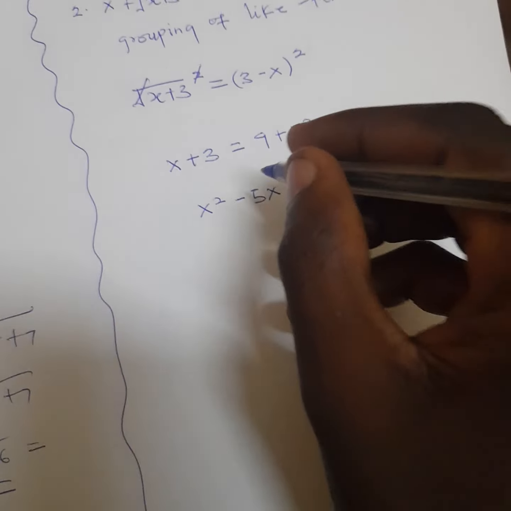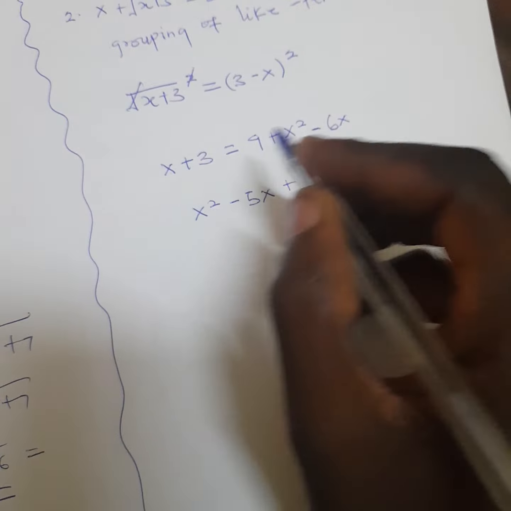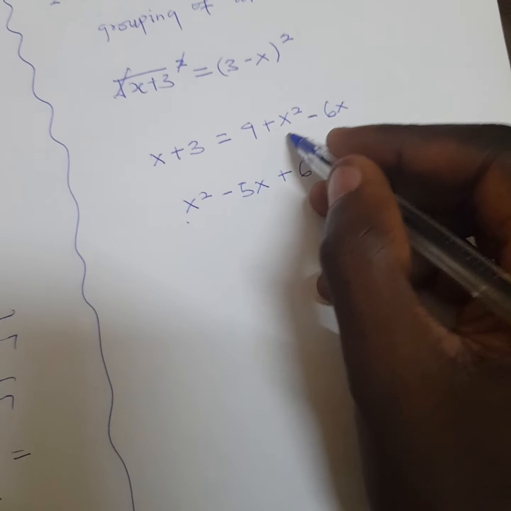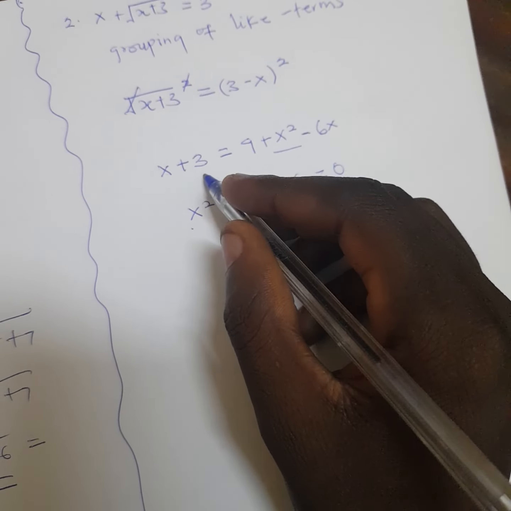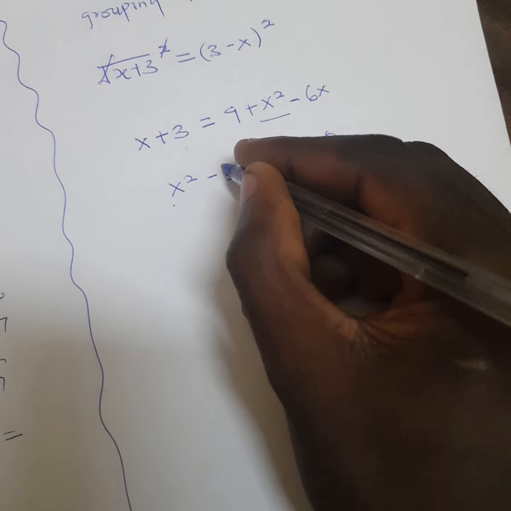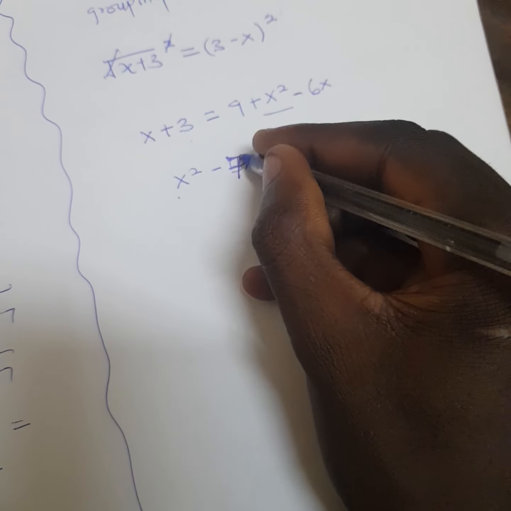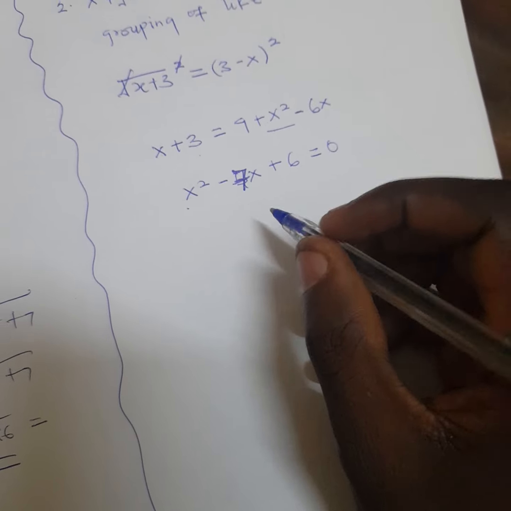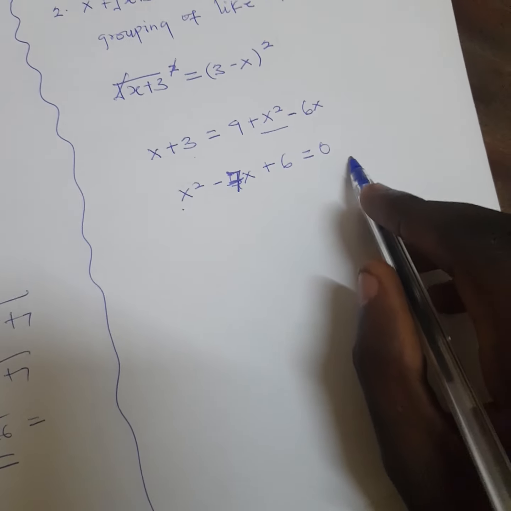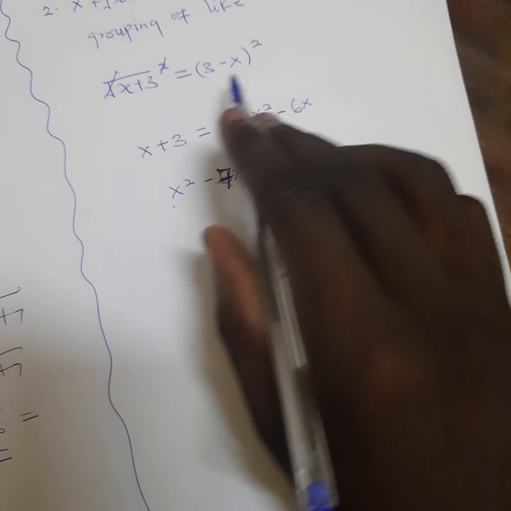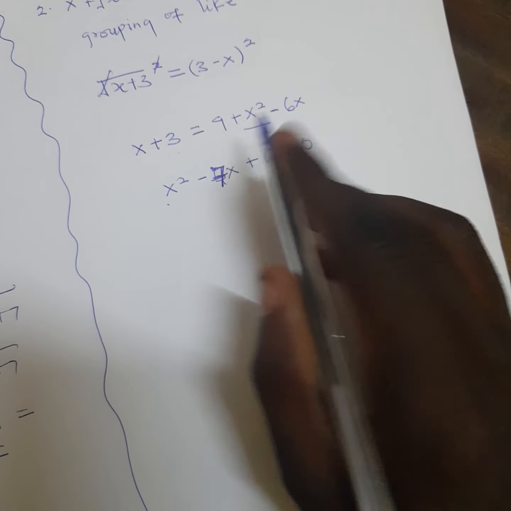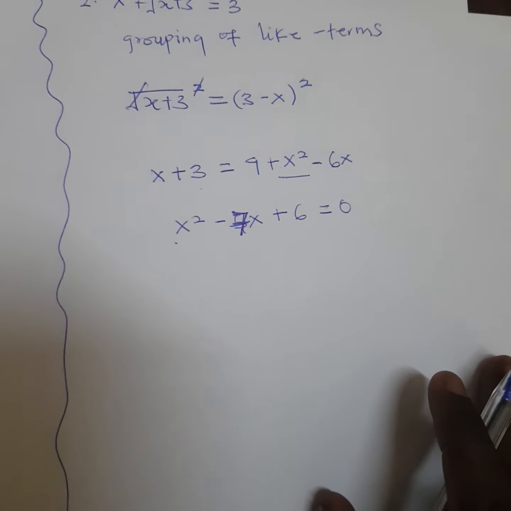Oh, sorry. We first have x squared, and then you send this one across to this side, it will be 7x rather, not 5x. It will become negative when you send it across. Then sending this one across becomes negative, then it will be 6.